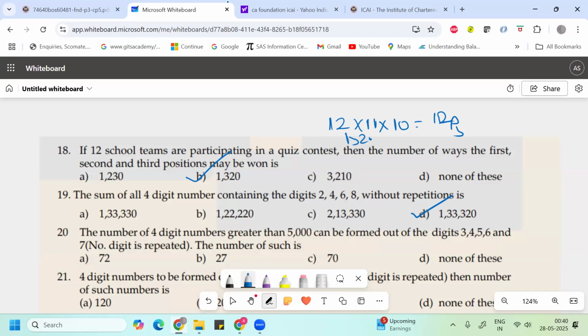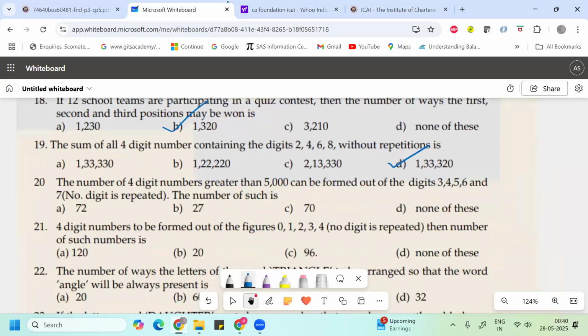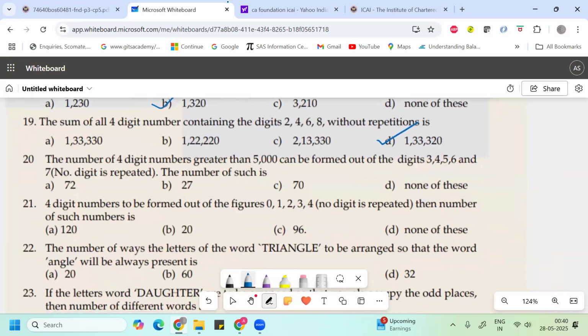Now question number 20. The number of four-digit numbers greater than 5,000. So greater than 5,000 you want to make, a four-digit number. So in this place only 5 or 6 can come because you want greater than 5,000.